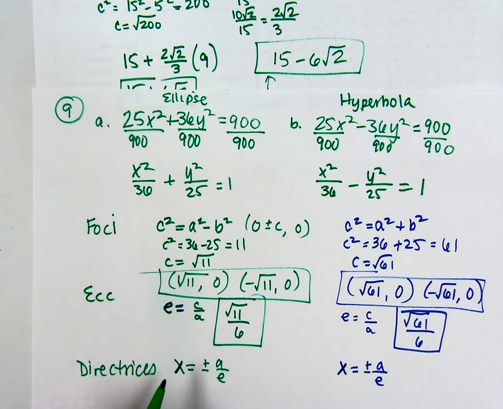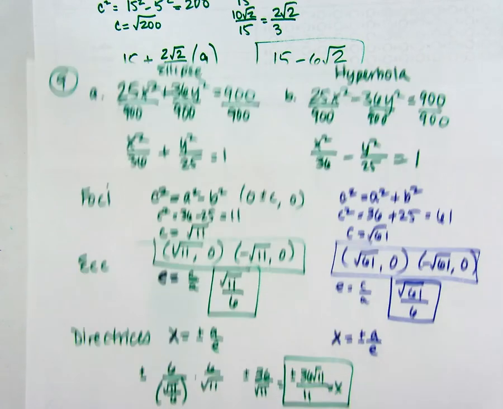So I need to figure out a is 6, e is root 11 over 6. Now I'm going to simplify this a little bit, so I'm going to multiply by the reciprocal. So I have plus or minus 36 over root 11. If I rationalize it, it's plus or minus 36 root 11 over 11. And these are vertical lines, so it's x equals.